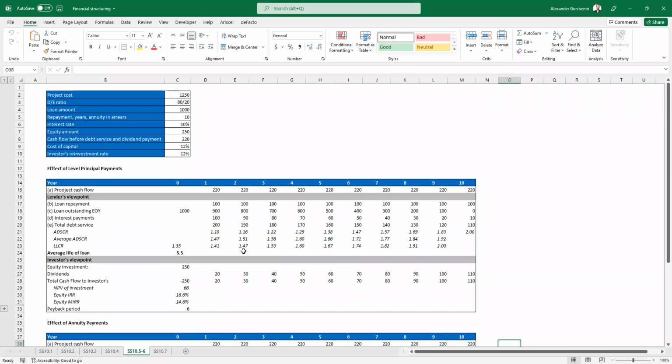So, for example, we have this structure finance with these parameters like project cost, debt to equity ratio, etc. We'll discuss it in detail later, but now we should have a sense of the effect of the timing of the cash flow repayments on the final efficiency parameters.